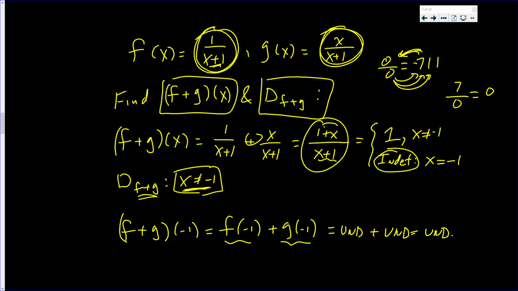It's not 0, because 0 times 0 is not 7. It's not 10, because 0 times 10 is not 7. It isn't 7, because 0 times 7 is not 7. In fact, 0 times nothing is 7. This is said to be undefined.